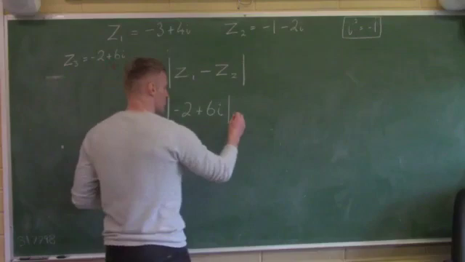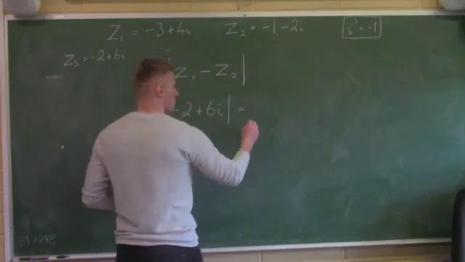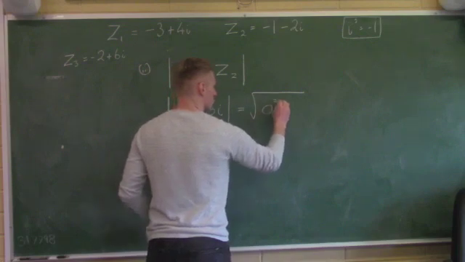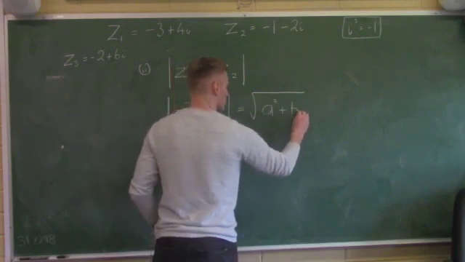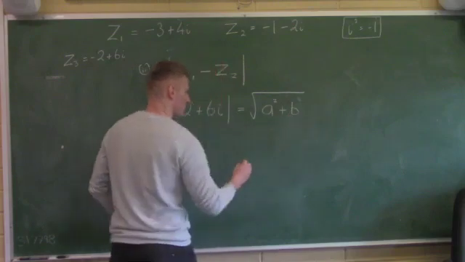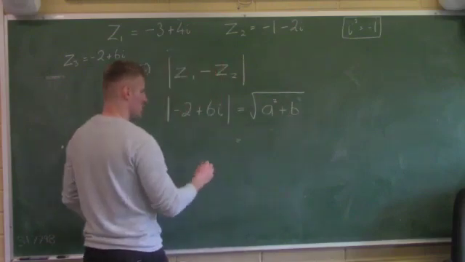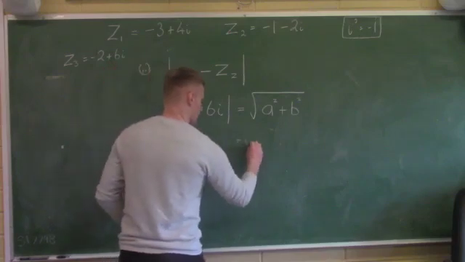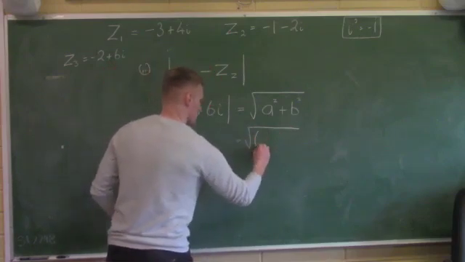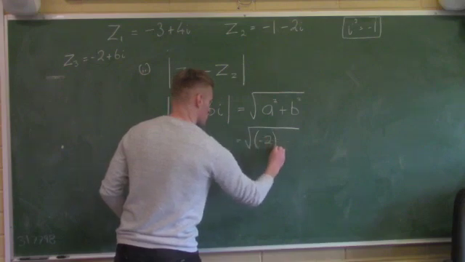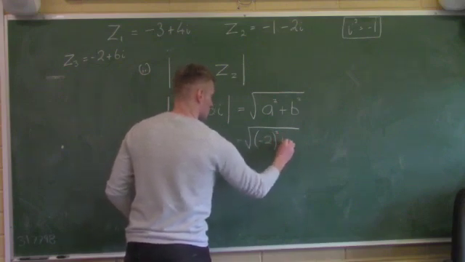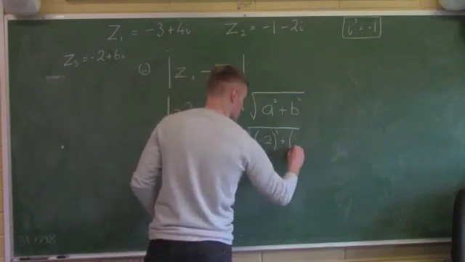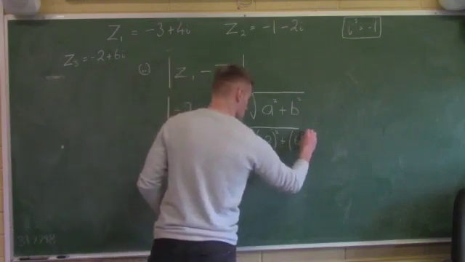Now, a simple little formula that we need to know for this. It's the square root of a squared plus b squared. Alright, so a is this part here. In this case it's minus 2, so we get minus 2 squared plus b, the number in front of my imaginary bit, so b is 6 squared.